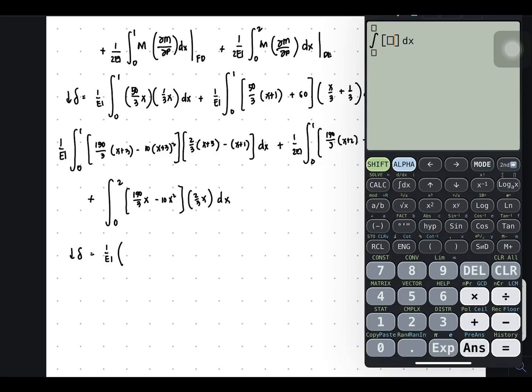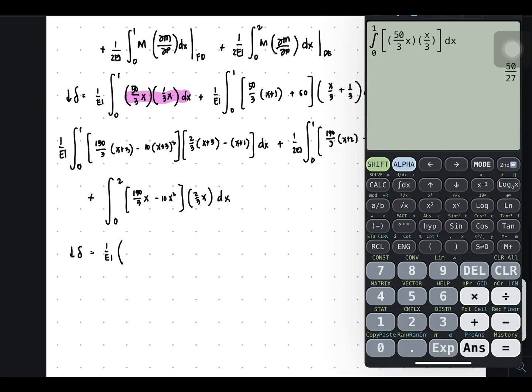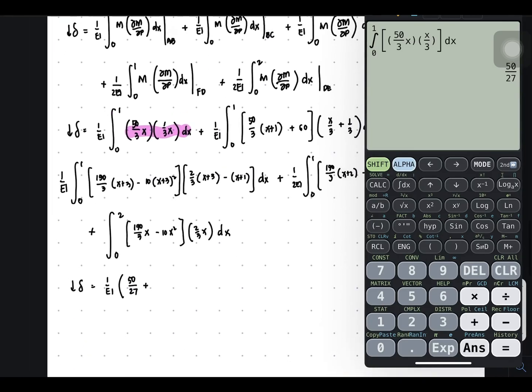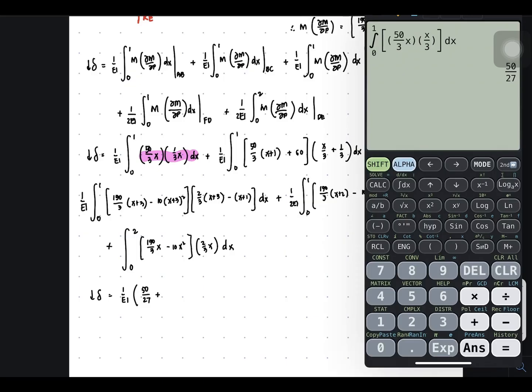For the segment here, it's 50 over 3 x times x over 3 or 1/3 times x, and the limit is from 0 to 1. It's 50 over 27, plus I'm just going to get all the 1 over EI terms.